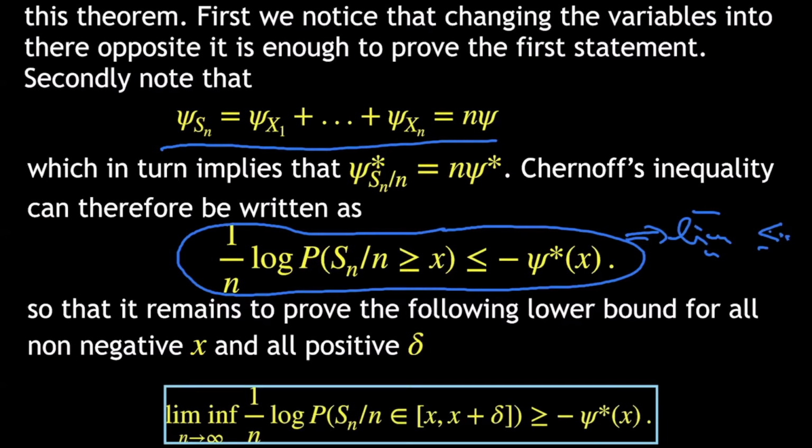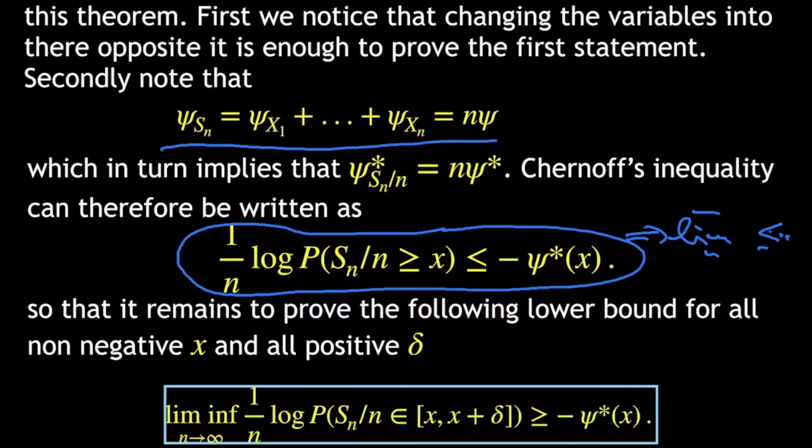It tells you that whatever the value delta that you consider, if you look at the log of the probability that Sn over n belongs to this small interval, and you look at 1 over n times this log, the lim inf is larger than minus psi star of x. So this means that the quantity minus psi star of x is optimal, and this is the meaning of Cramér's theorem.